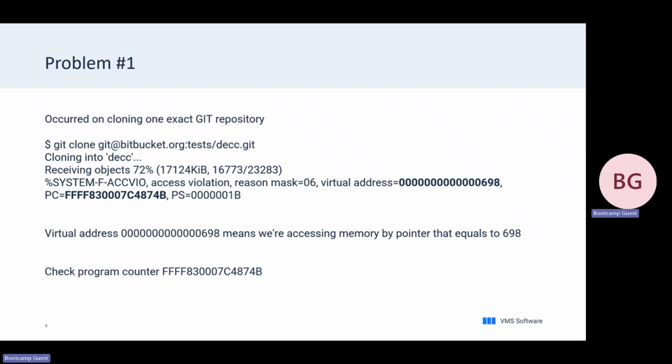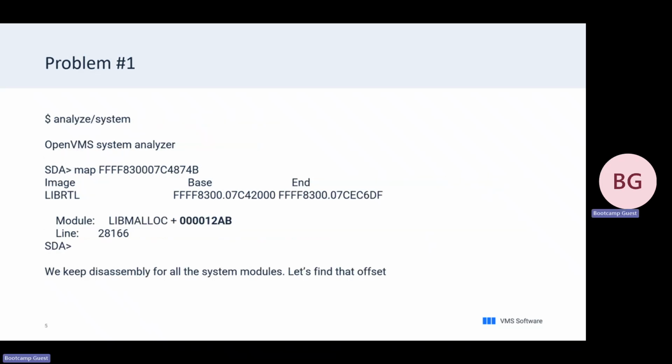There is a program counter that we can check with analyze system. Let's do that. We run analyze system, do the map on our address, and we see that the failure occurred in module libmalloc at a certain offset.